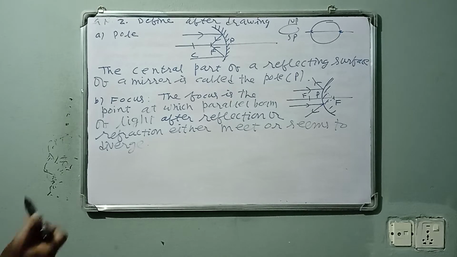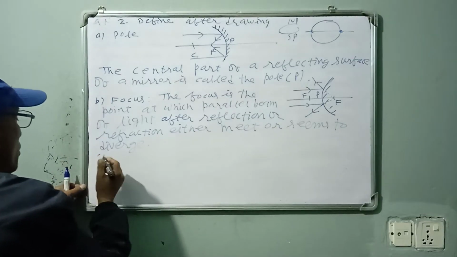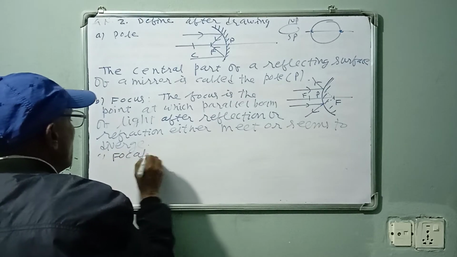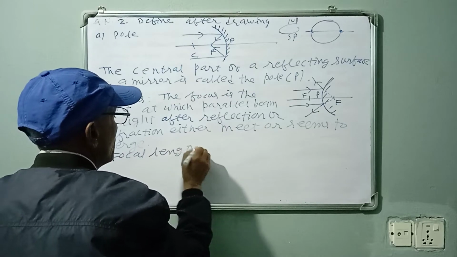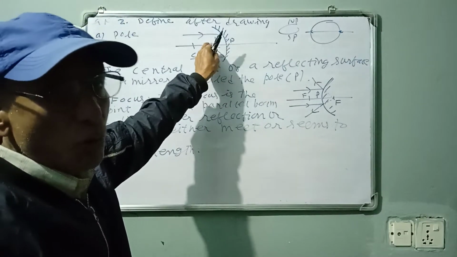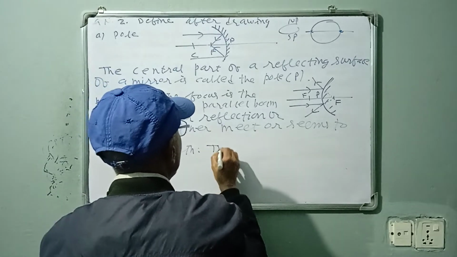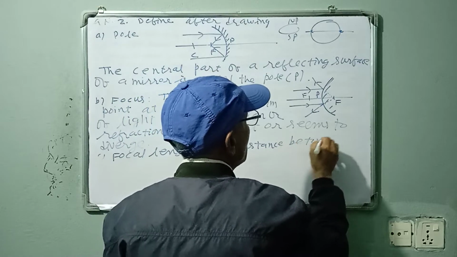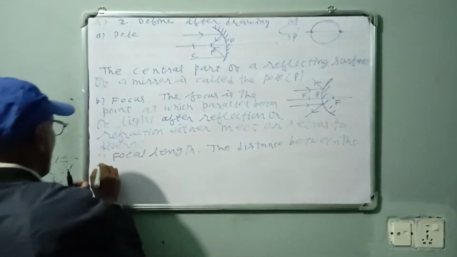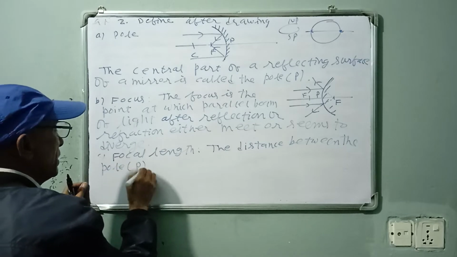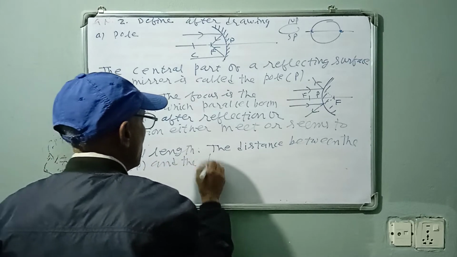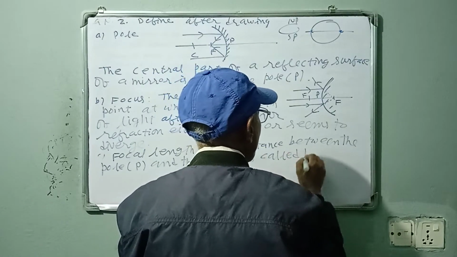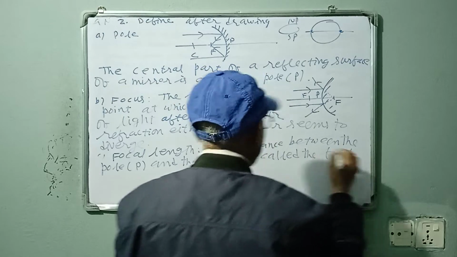That is called the focus. Next is focal length. The distance between the pole and the focus is called the focal length.